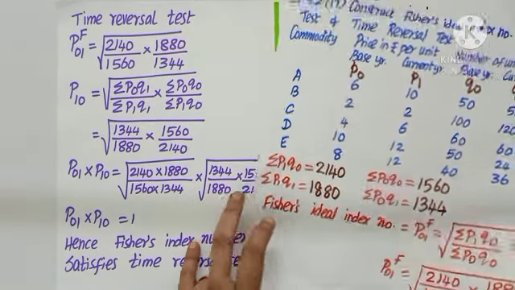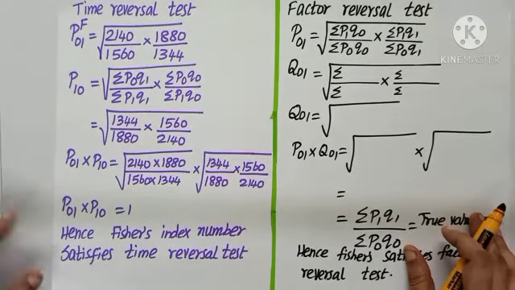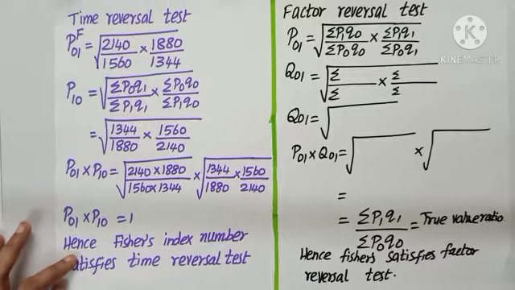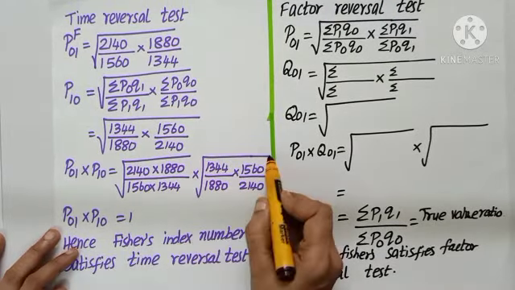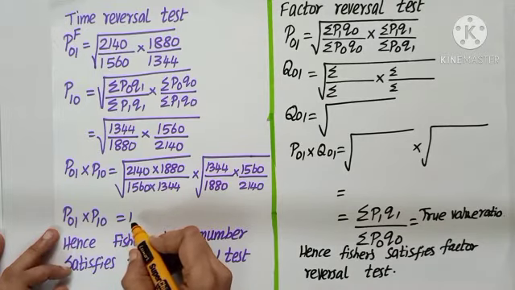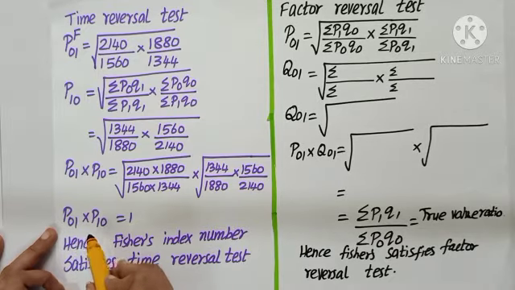So as I multiply, you can check it is within the square root. Up and down, the terms get cancelled, finally giving us 1, and that tells Fisher's index number satisfies the time reversal test. So the time reversal test tells us P01 into P10 should give us 1.